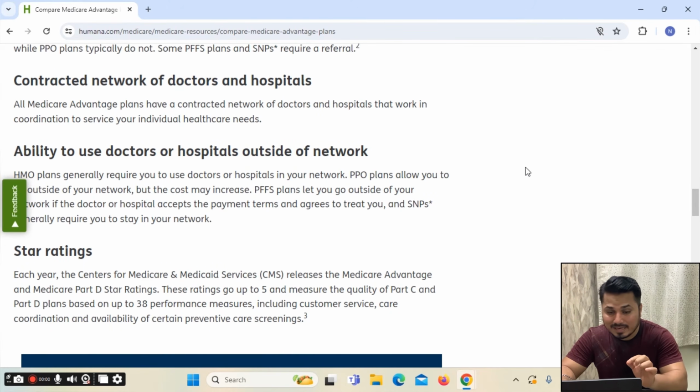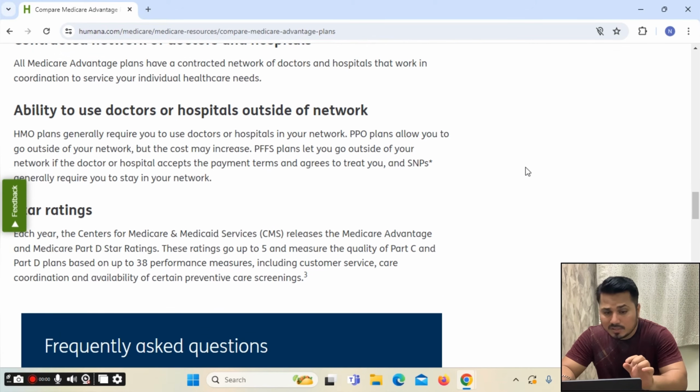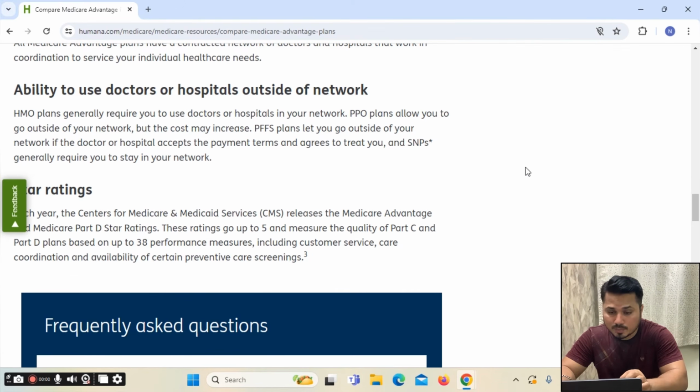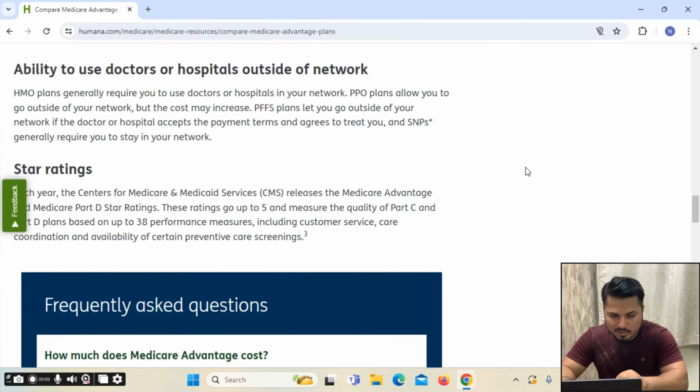Now, contracted network of doctors and hospitals. All Medicare Advantage plans have a contracted network of doctors and hospitals that work in coordination to serve your individual healthcare needs, guys. Ability to use doctors or hospitals outside of networks.